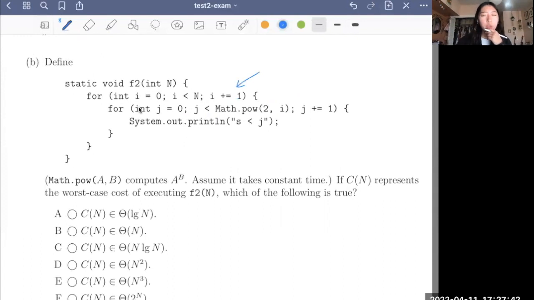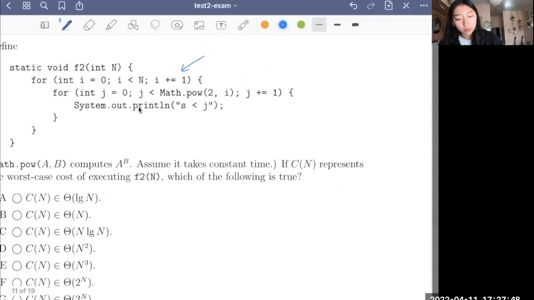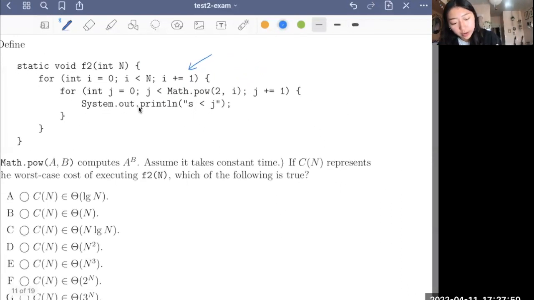And so the way I would approach this is to sort of count out what the calls look like and see how this appears. We start when I equals 0. How many times does the inner loop run? Well, we're going to go until j is less than 2 to the 0, which is 1.